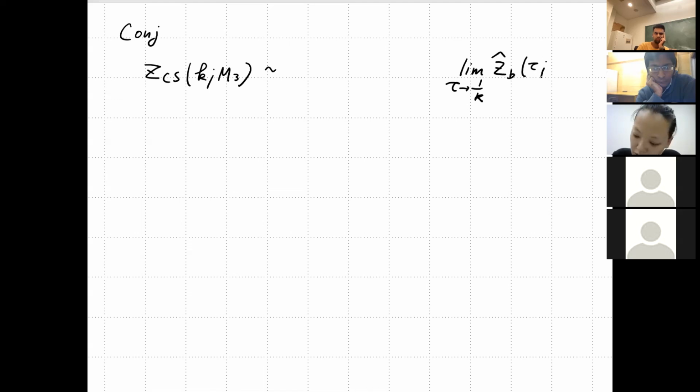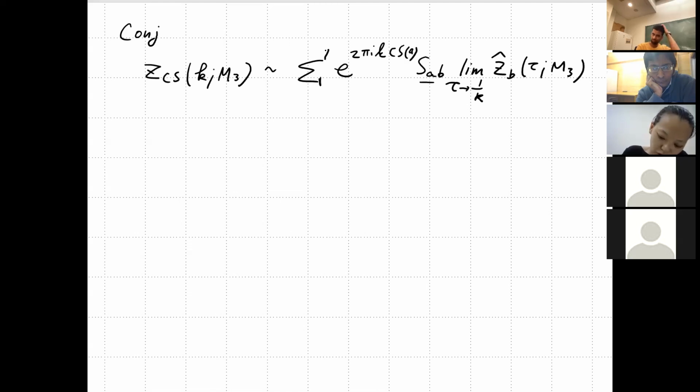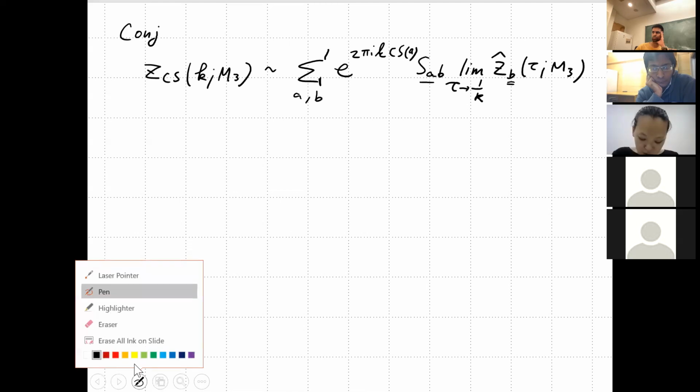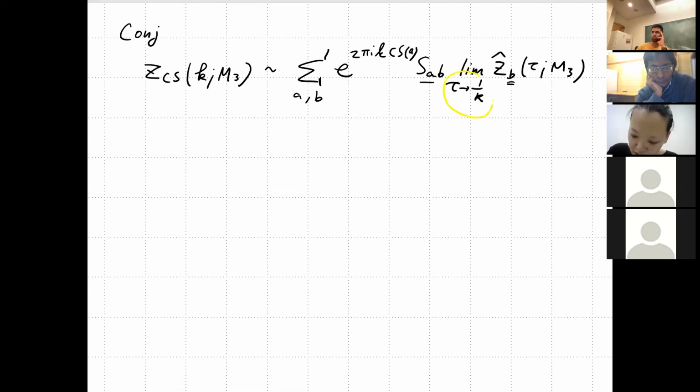Okay, so taking the radial limits of this function on the upper half plane, and then we have some k-independent matrix that plays the role of a change of basis if you want. It has various interpretations, and then we sum over this label b. Okay. So what's especially important for us is this limit.